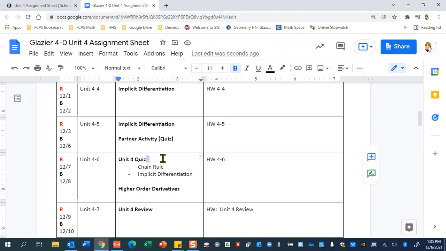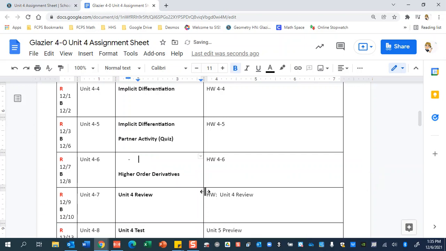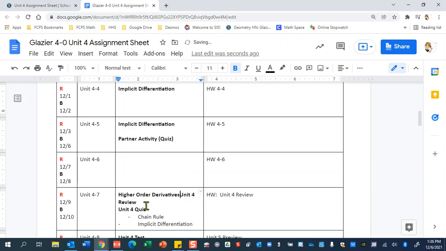And then that way this unit 4 quiz and the higher order derivatives is then not on the religious observance day. And maybe we'll end up doing some kind of activity where you can get your feedback in class. That's the purpose of the quiz. Like, do you guys get that?